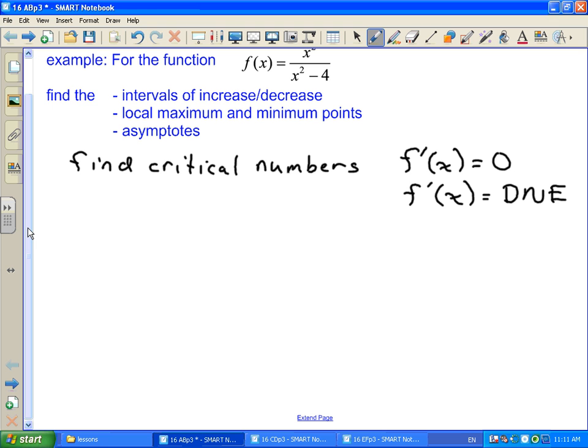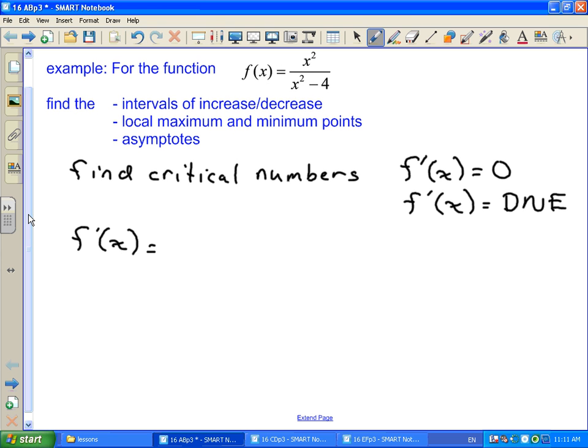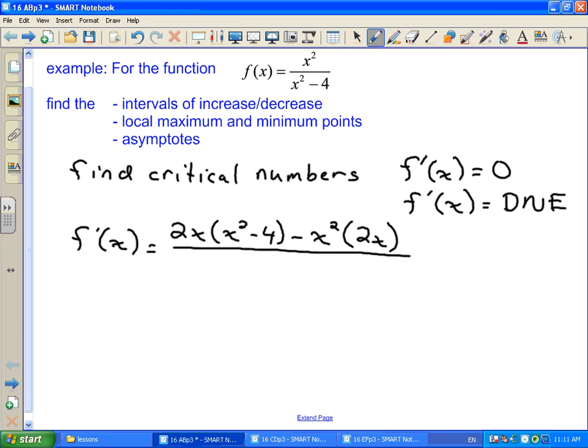So we need our derivative, f prime of x. And we can just use the quotient rule here. So we can do 2x times x squared minus 4, minus x squared times the derivative of what's on the bottom, which is 2x, all divided by x squared minus 4, squared. And we're going to want to simplify the numerator here.